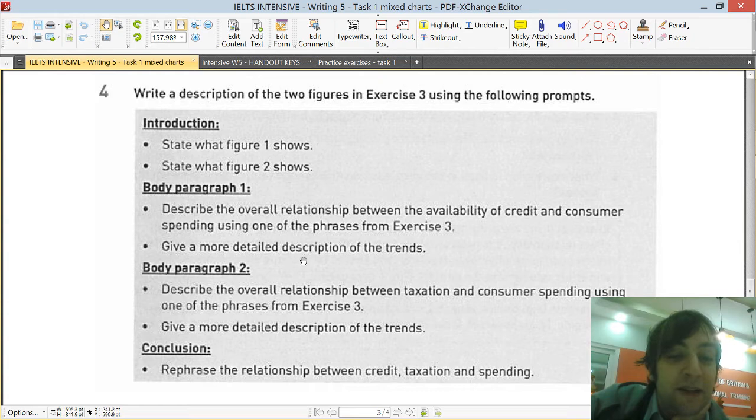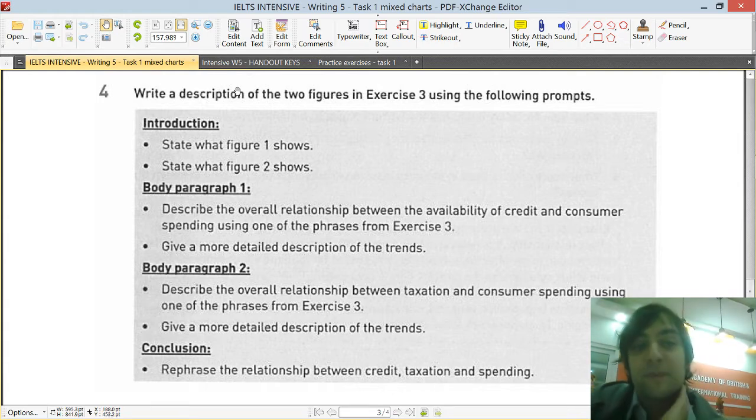Then give a more detailed description of the trends. For body paragraph 2, you need to describe the overall relationship between taxation and consumer spending using one of the phrases from exercise 3. Then give a more detailed description of the trends. And then for your conclusion, you need to rephrase the relationship between credit, taxation, and spending.